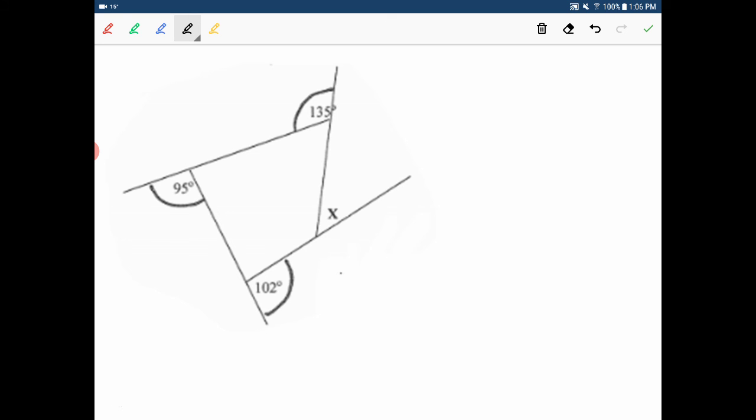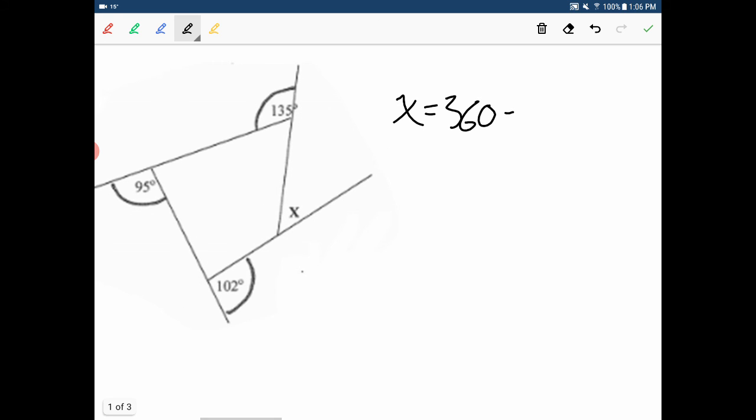Here we've got the same thing. We can say x is equal to 360 minus 95, minus 135, and minus 102.